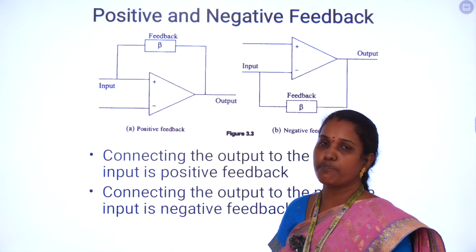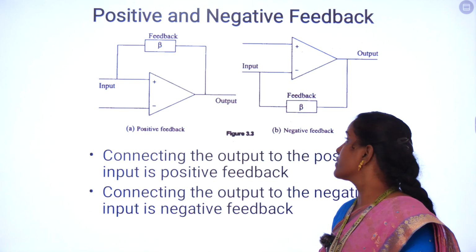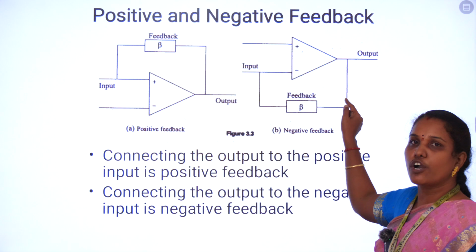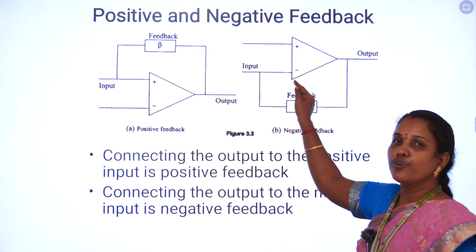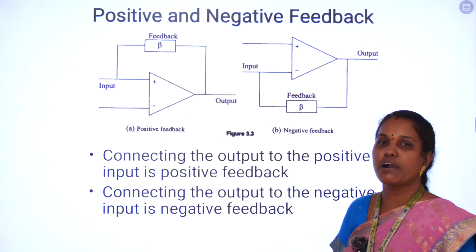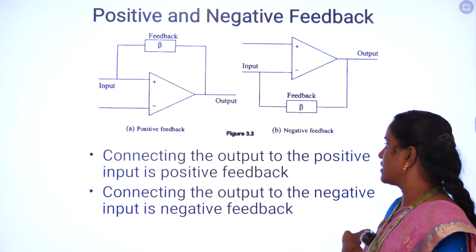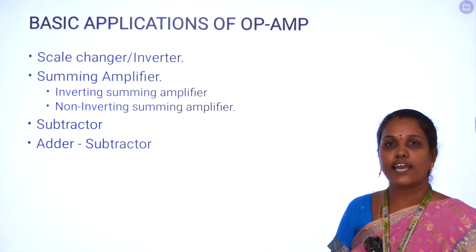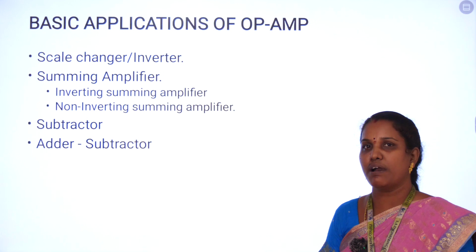This is positive feedback, which we can use for stability purposes. Negative feedback means a fraction of the output is given to the inverting input terminal via the feedback network, that means the feedback resistance. The feedback system stabilizes your voltage gain at high frequency range or a particular bandwidth.